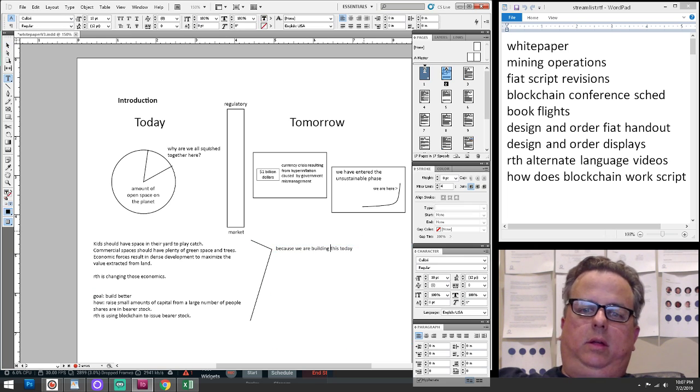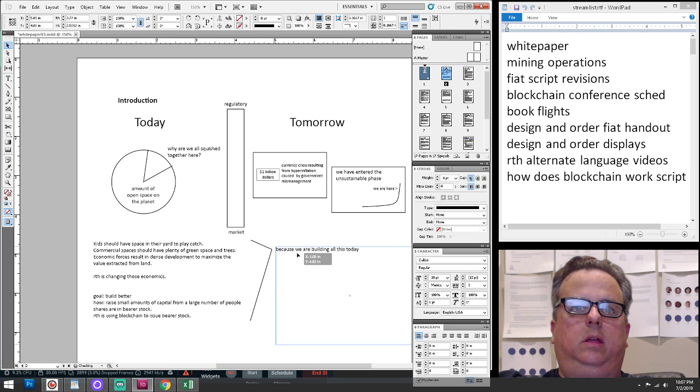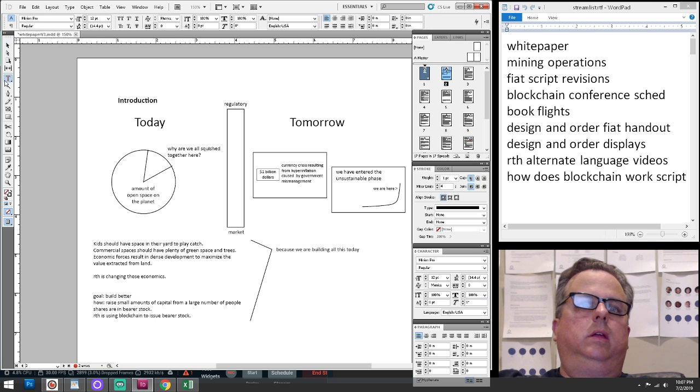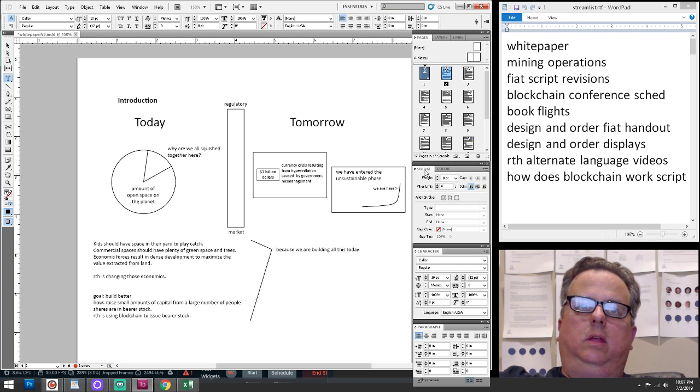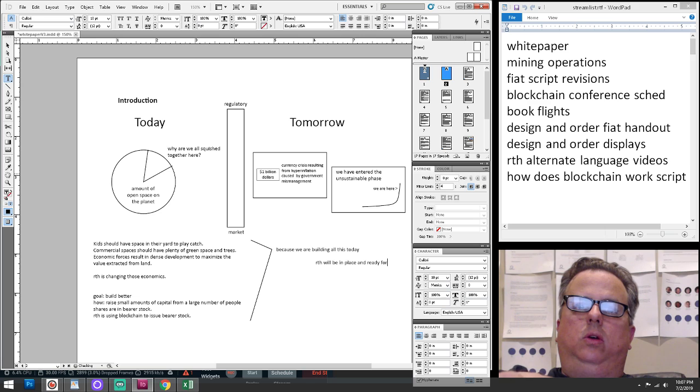Because we were building all this today, Earth will be in place and ready for tomorrow.